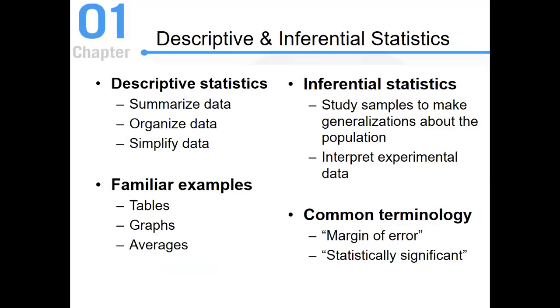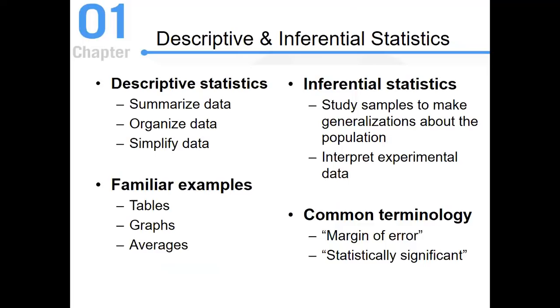Inferential statistics allow us to test whether or not our research predictions are supported by the data. This is where we basically are able to test our hypothesis in our study. So we will spend the second half of the course looking at a variety of inferential statistical tests that allow us to study samples and draw conclusions about populations.